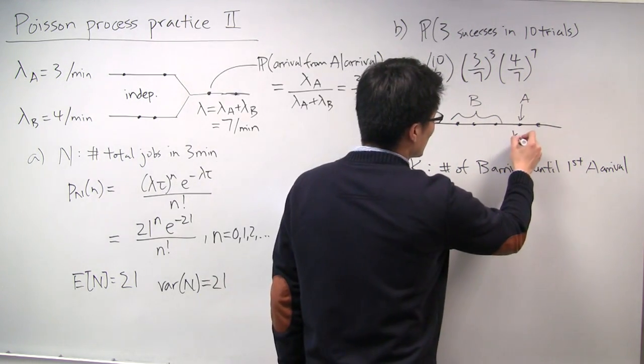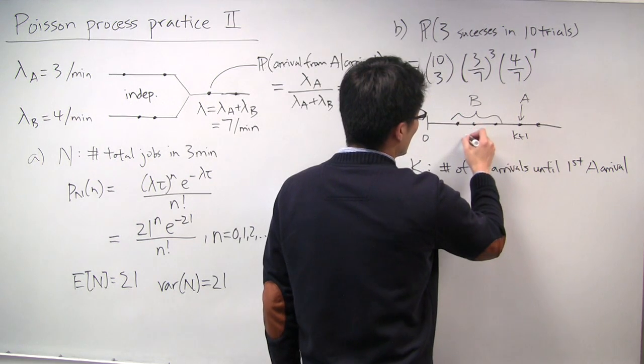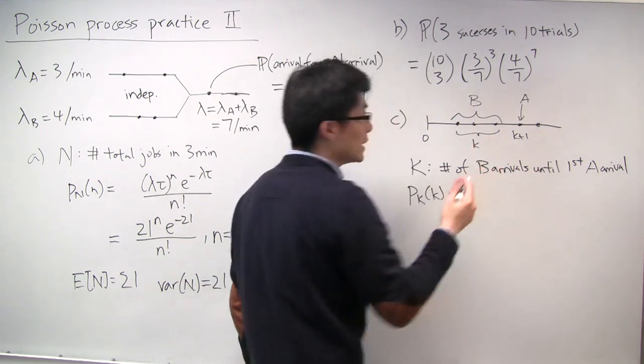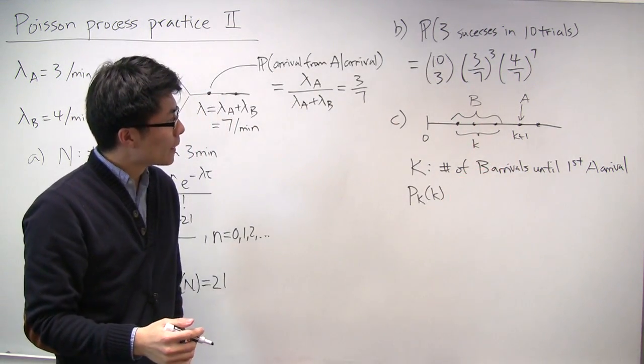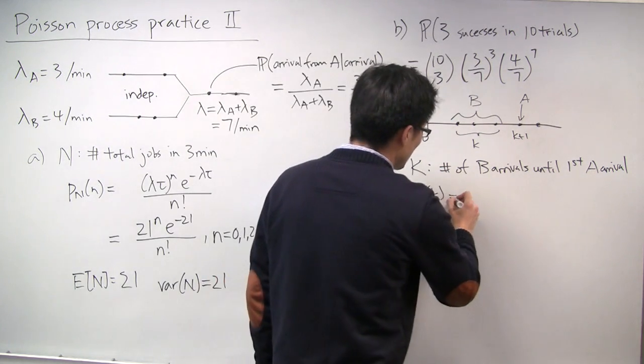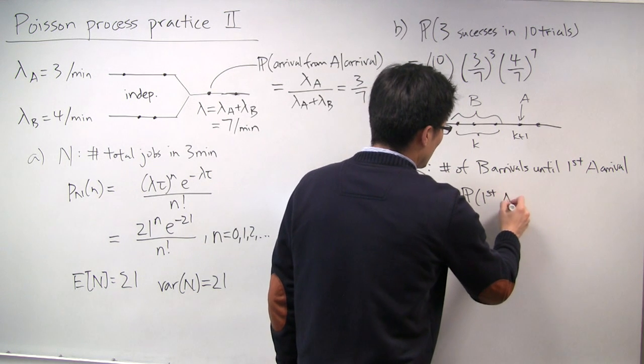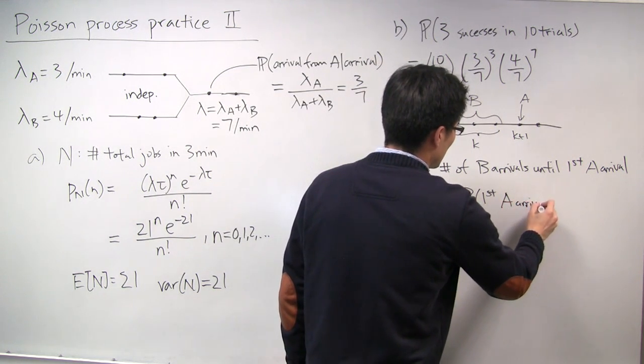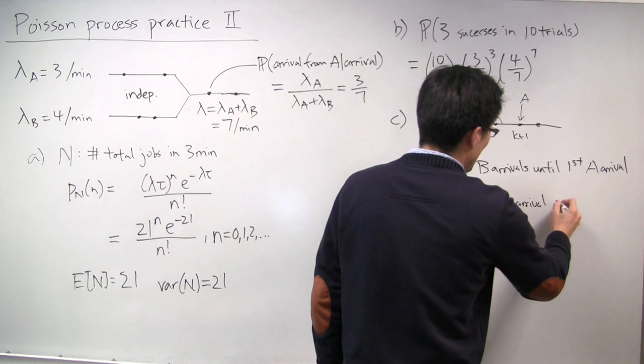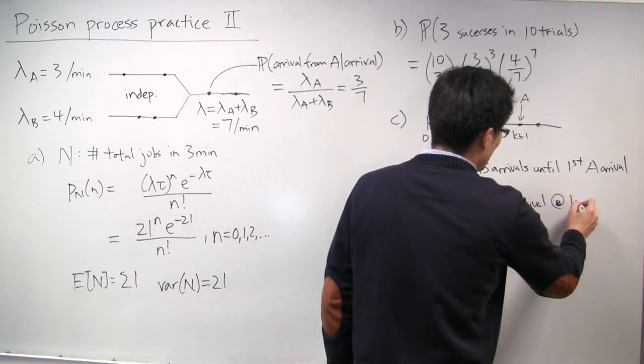So if this is arrival number K plus 1, then we know that there were exactly K B arrivals prior to it. Okay, so what is the probability that the first A arrival is at K plus 1?